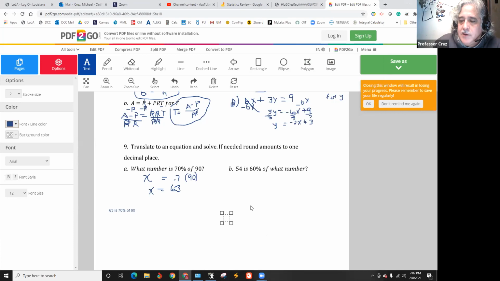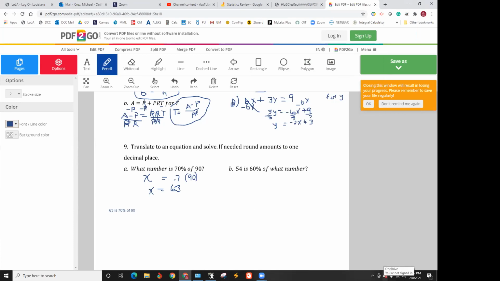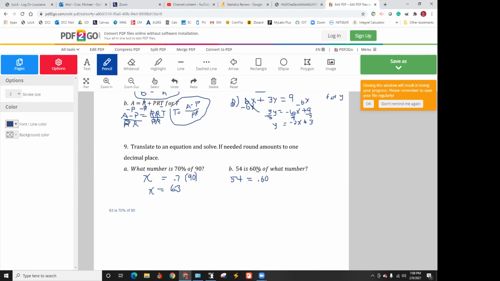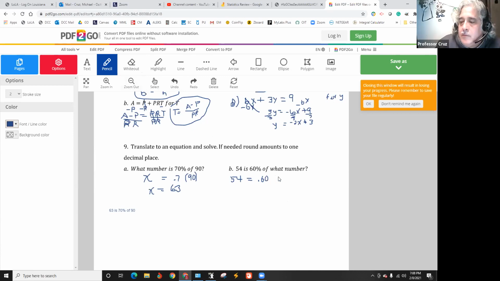So what about this next one? All right, so 54 is equal to, you've got to put that as a decimal. And they don't have on here the third type, which is the one where you don't know the percent. So let's see. All right, so I'm going to rewrite this.